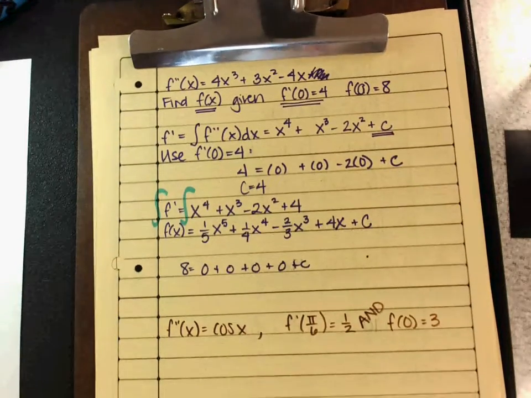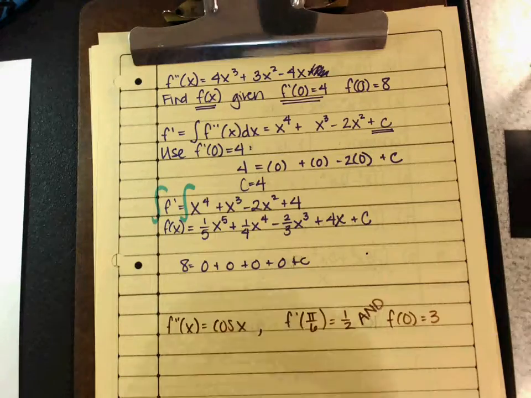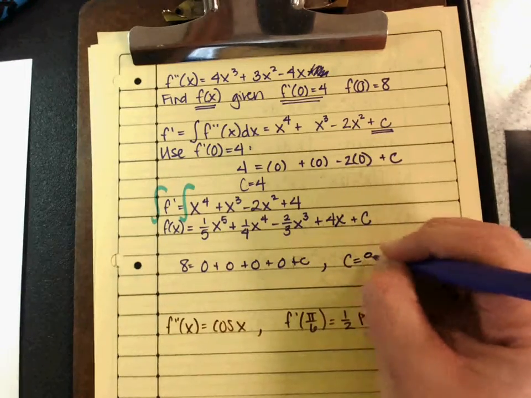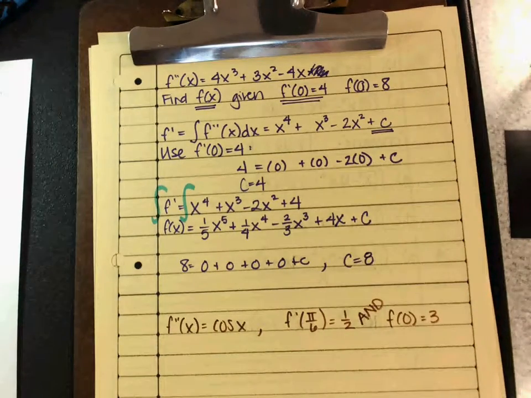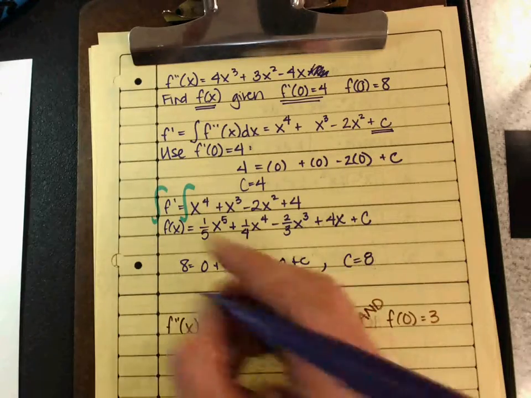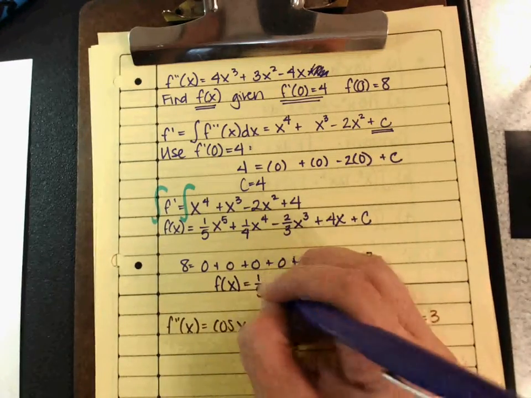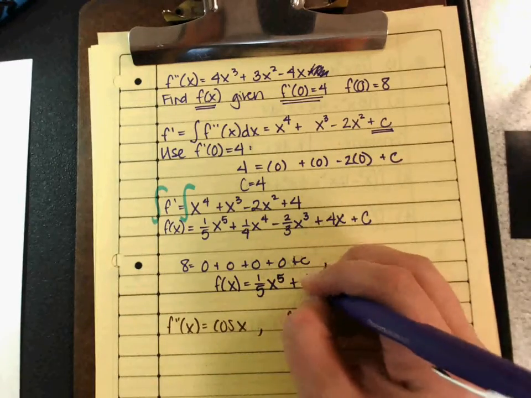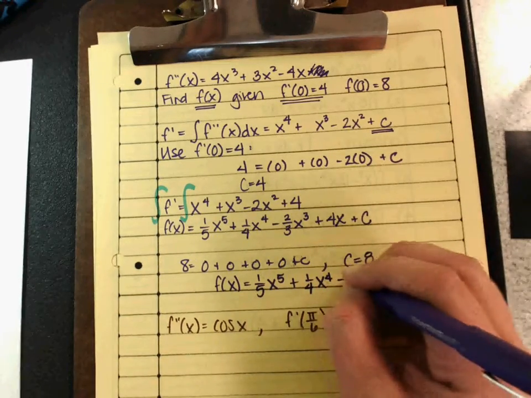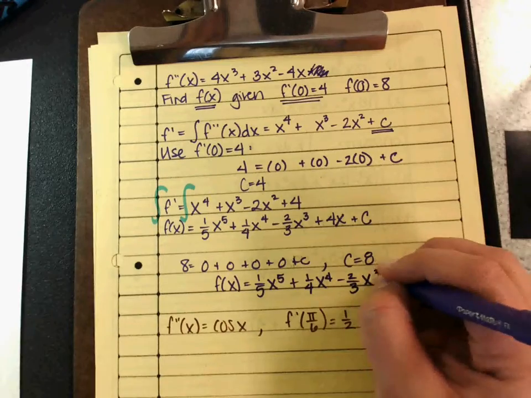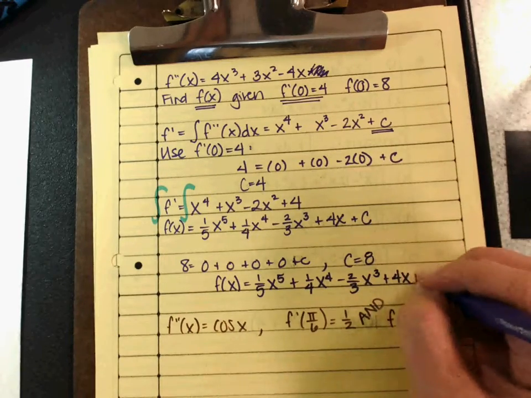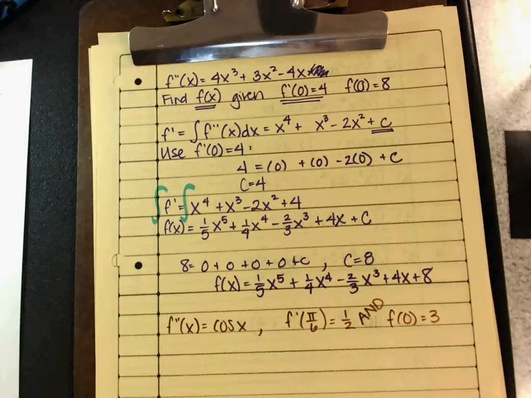Which means that c has to be what? And then remember your last step, you're going to rewrite the total solution, so it would be f of x equals 1/5 x^5, 1/4 x^4, 2/3 x^3, 4x plus 8. And that will be your answer.